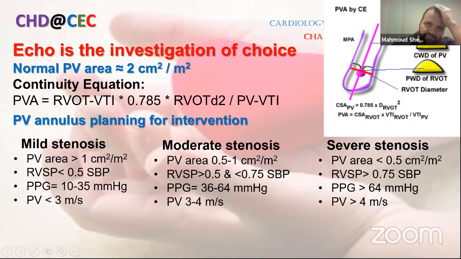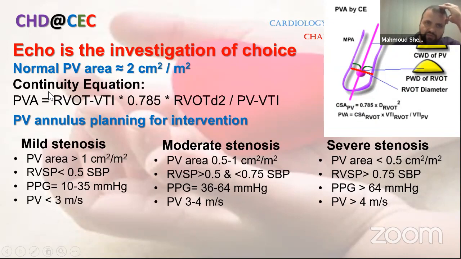By the way, the echo is the investigation of choice in assessment of many congenital diseases, and it is a standard tool in cases of valvular pulmonary stenosis. The normal pulmonary valve area from the continuity equation is calculated to be 2 centimeters square per meter square. And this is one of the parameters calculated to assess the degree of stenosis.